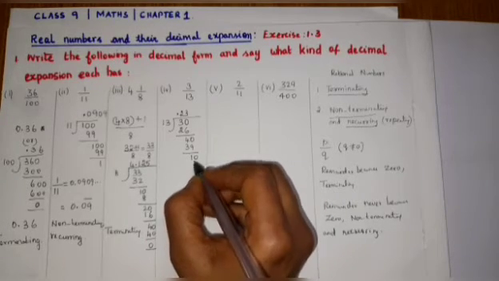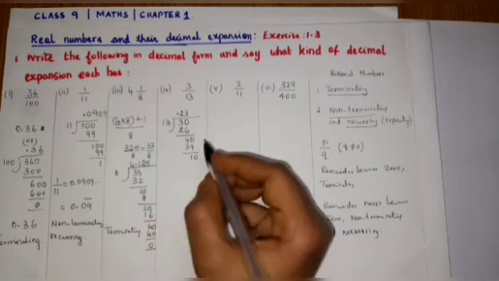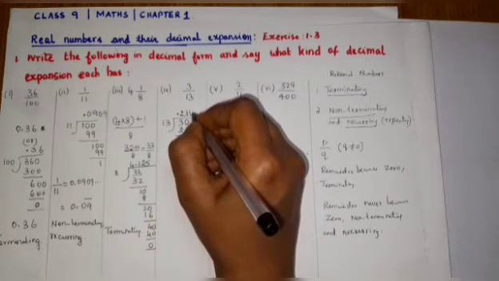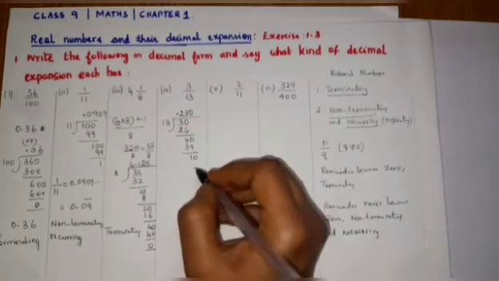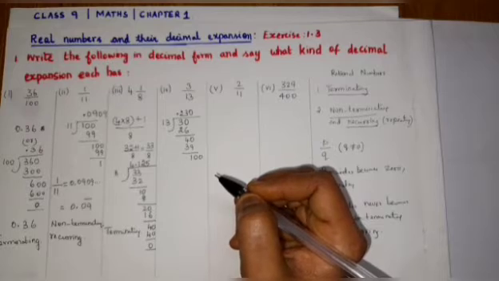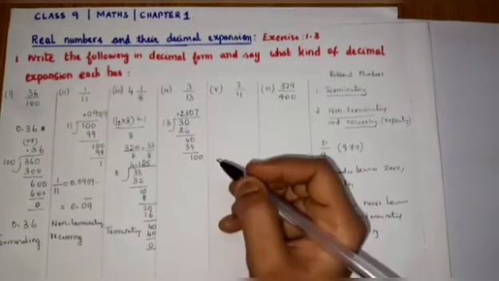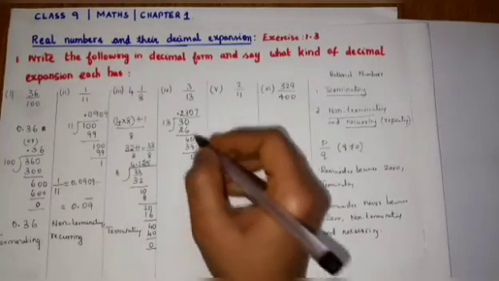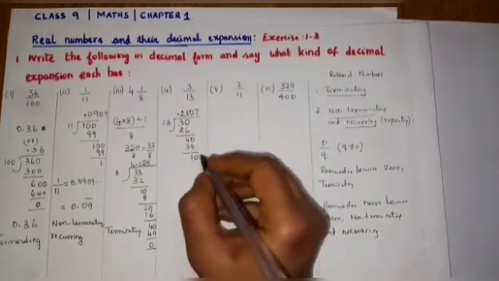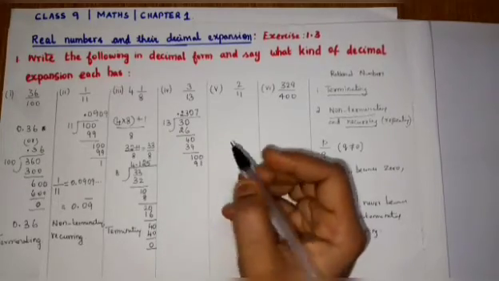Now 10 is less than 13. Therefore you write 0 in the quotient and you add a 0 to the right of the number. Now 7 13s are 91.